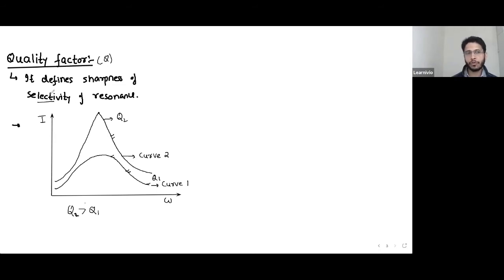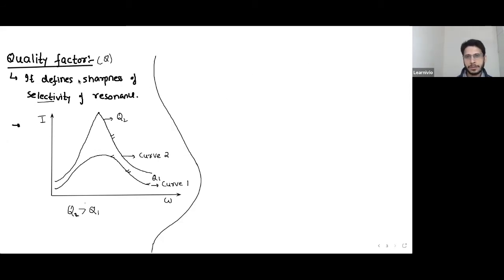Greater the value of quality factor, greater would be the selectivity. Greater selectivity means it will select one channel at a time, but the other can select many channels simultaneously. So it's basically bad quality. You just observe noise. So this is quality factor.